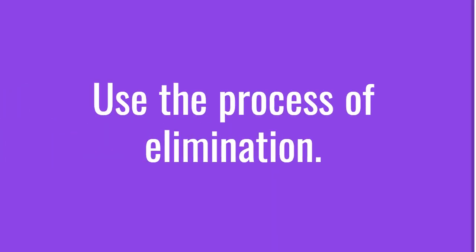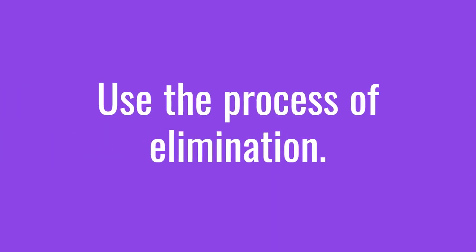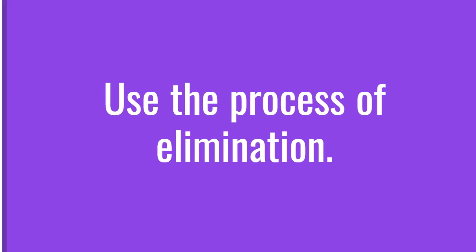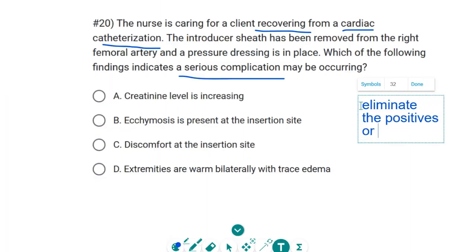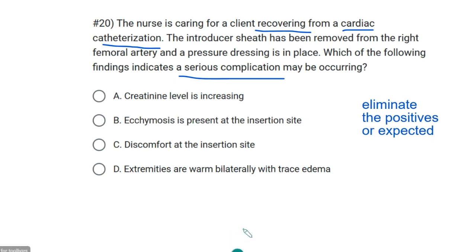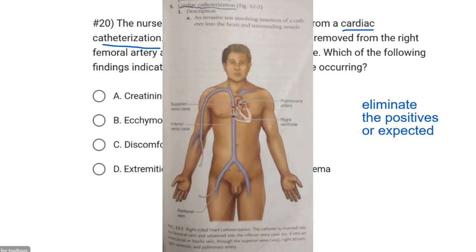In this case, what is incorrect is going to be something positive or expected in relationship to this person who just had a cardiac cath. There are going to be some things that may be abnormal in general, but for this patient, it's normal. It's expected because they just had a catheter sheath going up into their right femoral artery, into their groin, and they just had a heart cath.